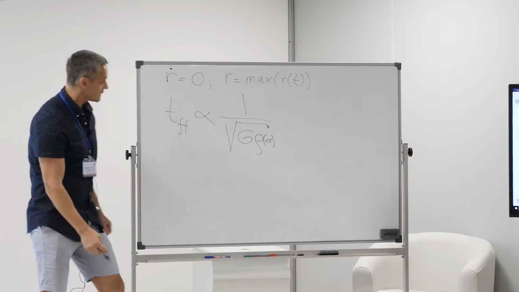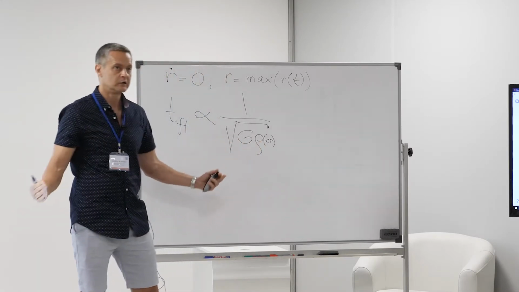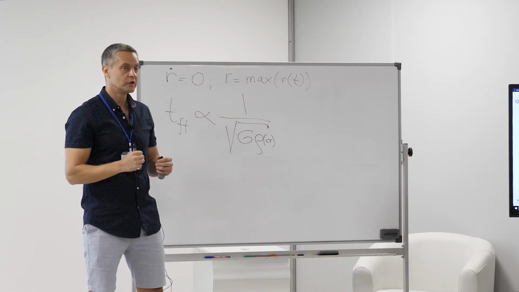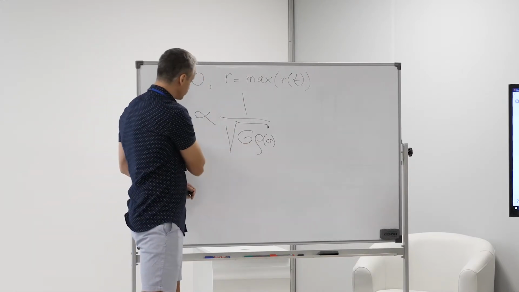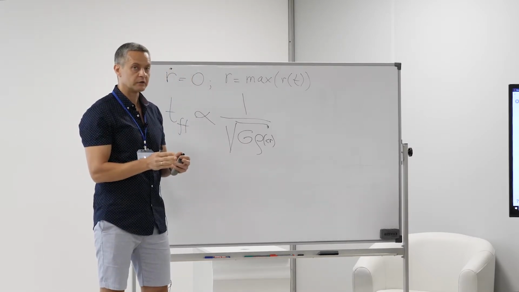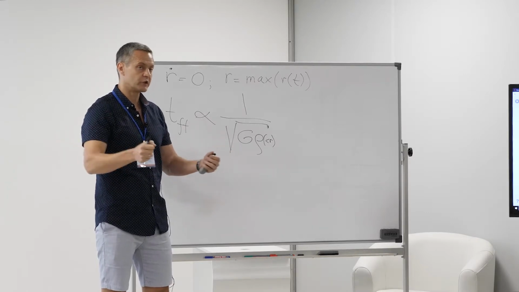So then, if I deal with a shell that initially has a density profile increasing towards the center, increasing with decreasing radius, it means that towards the center, the free fall time is smaller. So the shells with smaller radii evolve faster, on a smaller time scale. The larger shells will never be able to catch up with them.